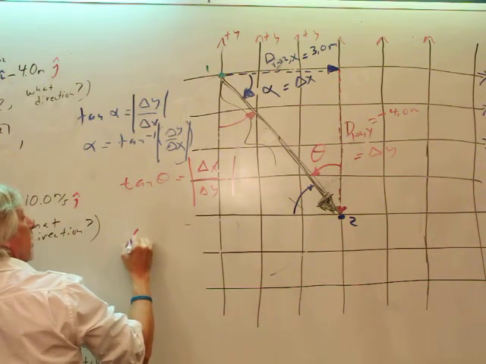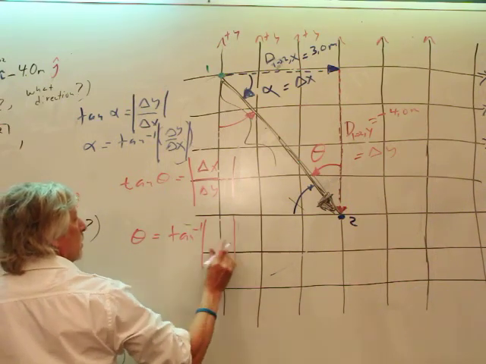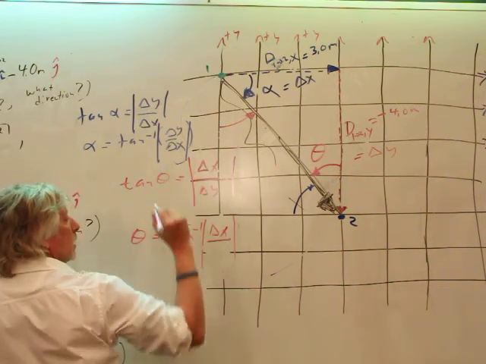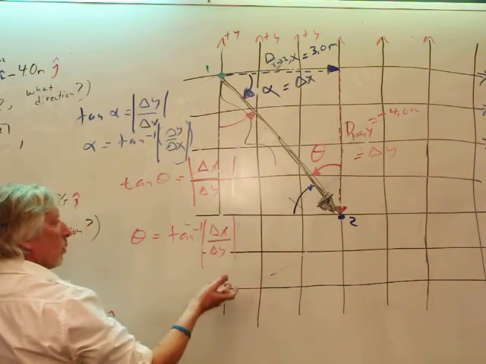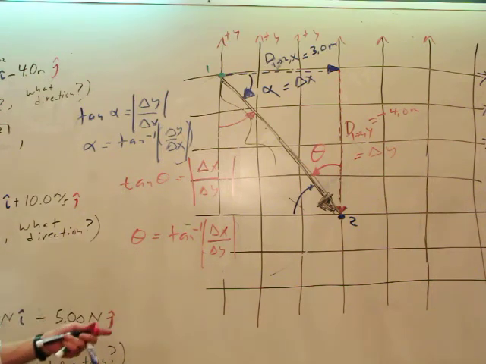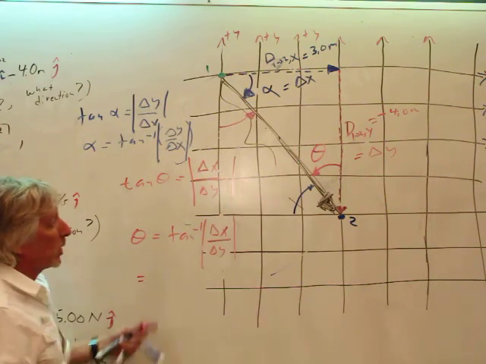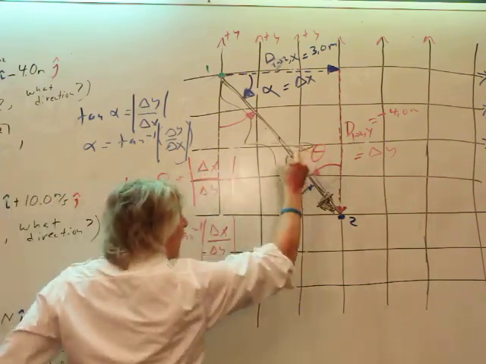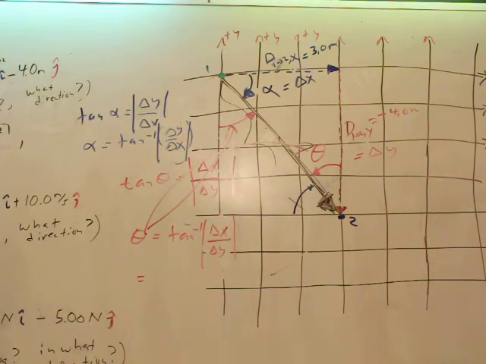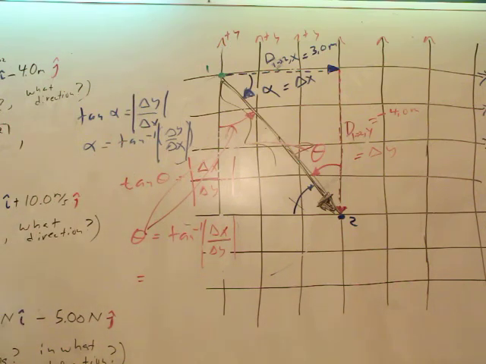Therefore, theta, that angle, is the inverse tangent of delta x, 3, over delta y, 4. Absolute value. Then I would say, if you get 38 degrees, then you'd say that's 38 degrees, or that's 38 degrees. So that's how you tell the direction. Sometimes you show the picture. That's what the answer is.